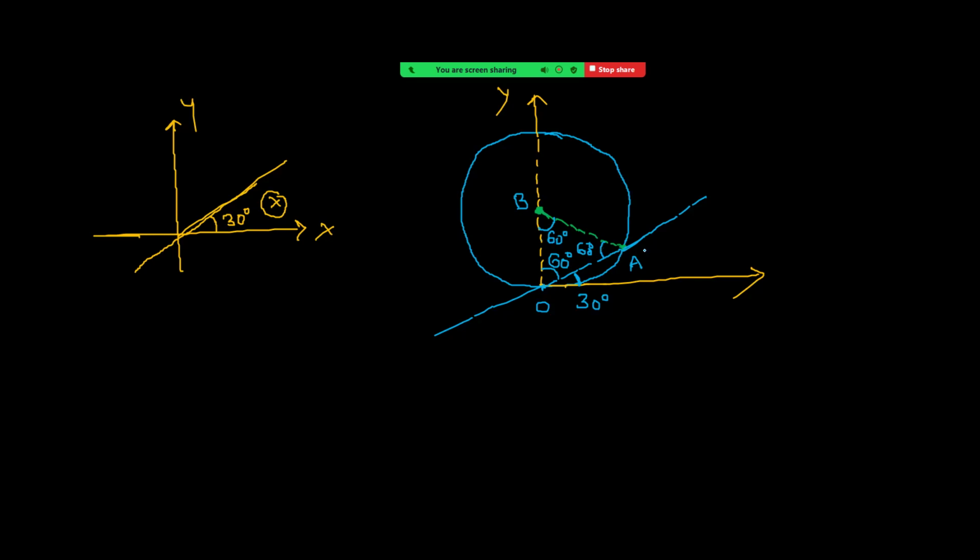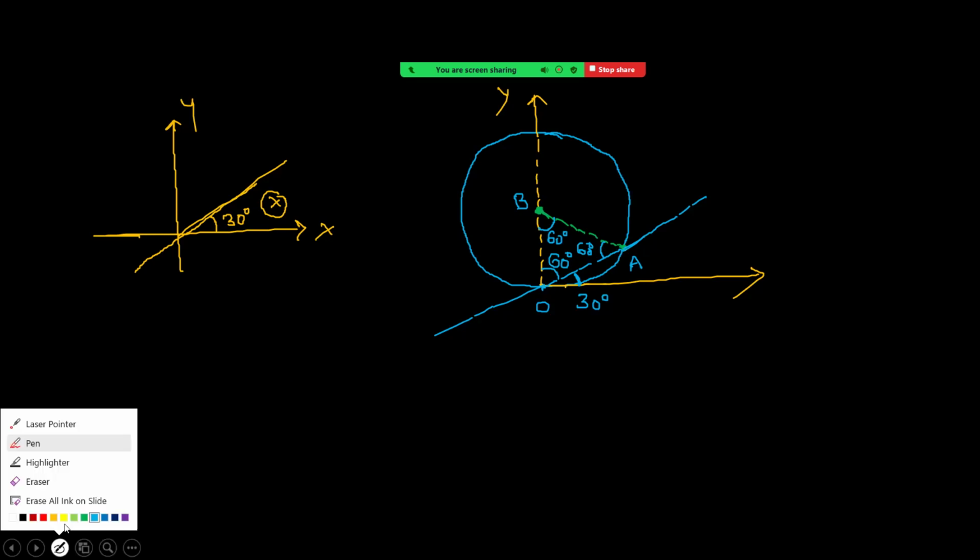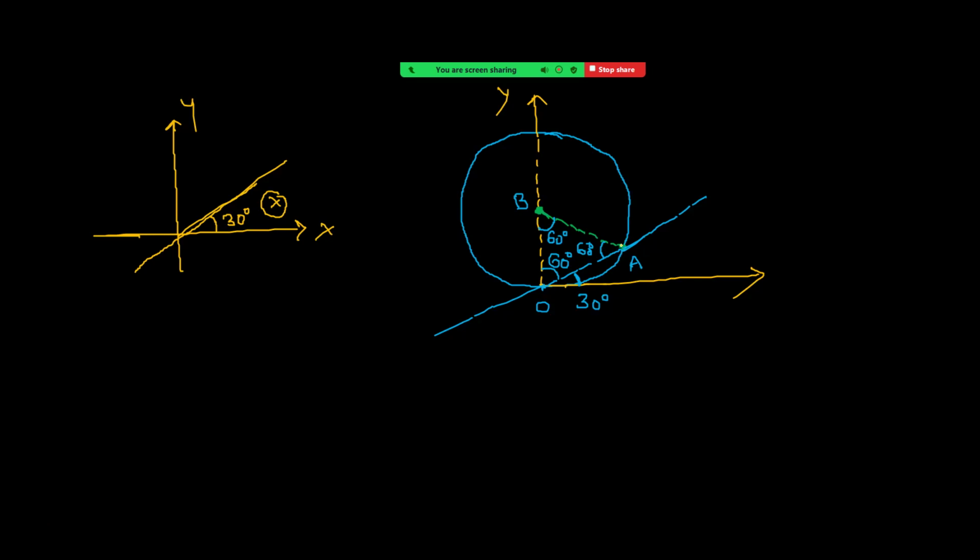Now see carefully at this point A, draw tangent for velocity. Okay. So velocity will be along the tangent. That is now along tangential to the circular path. Draw tangent. This is now direction of velocity while coming outside. Okay.